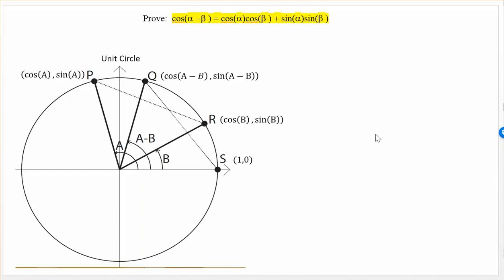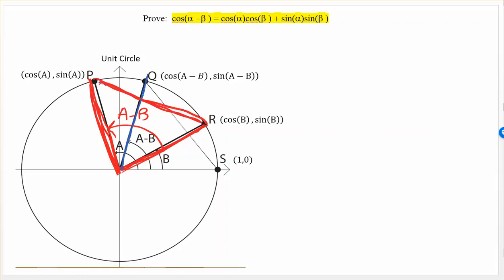What you might notice is that we have two triangles here. We have a triangle that is created by the radius connecting the center with the point P and the center with the point R. Now, this point P had the angle A, and this point R was created by the angle B. So the central angle in here from B to A is A minus B. So we have a central angle of A minus B for this red triangle.